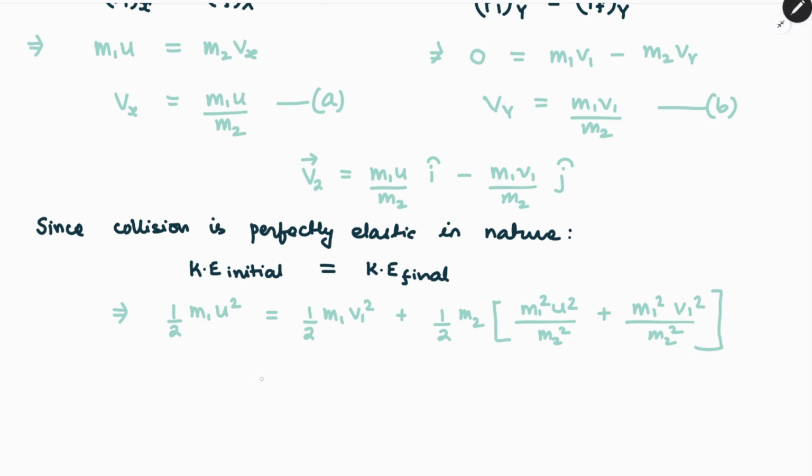So we write it as v1 square by u square equals m2 minus m1 divided by m1 plus m2. So this is what we obtain when we equate the kinetic energies.